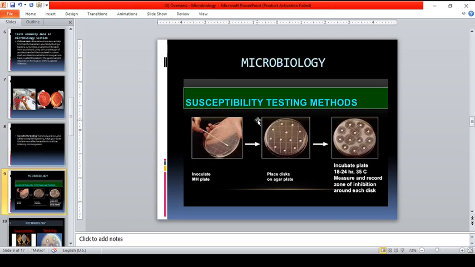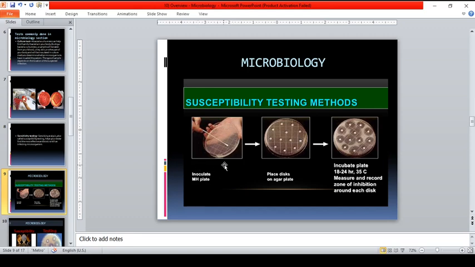If the sample is positive for bacterial growth, okay, merong growth na nakita after the culture test, they will proceed to susceptibility testing to be able to determine the types of antibiotics that are still working against the bacteria. Kung ano yung mga antibiotic na pwede pang gamitin sa bacteria.